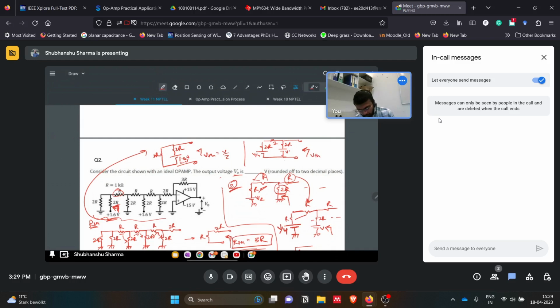So the current equation will be V by 4 minus 4Ri minus V equals 0. So I will be what?